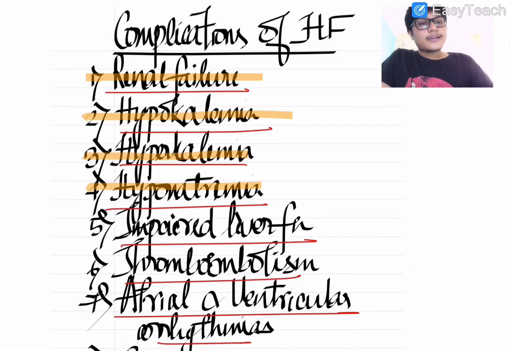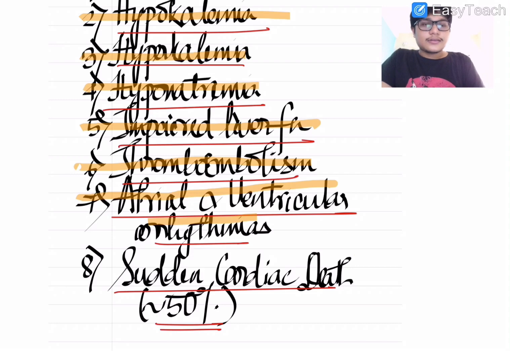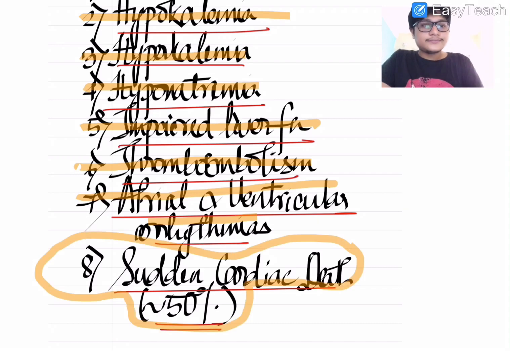Next, there might be impaired liver function, and obviously it will be due to the hepatic venous congestion. There might be thromboembolism. There might be onset of atrial and ventricular arrhythmias, and finally the very grave concern, that is sudden cardiac death.